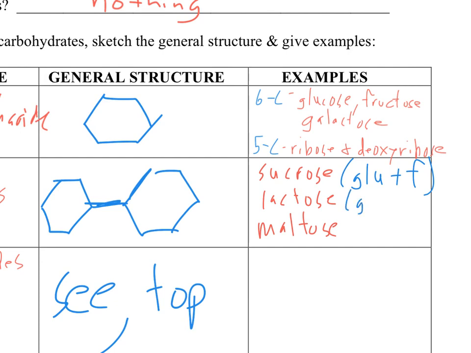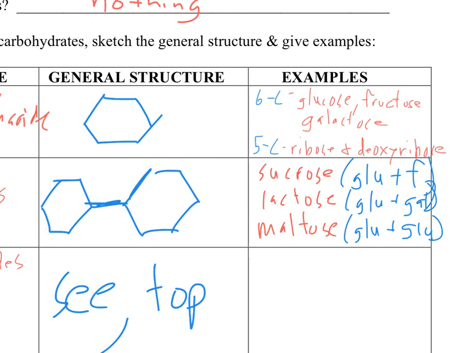Lactose is glucose plus galactose. I'm just abbreviating. And then maltose is glucose plus what? Glucose. Glucose plus glucose. Come on, Jake. He's trying to give you Tatarian lessons.